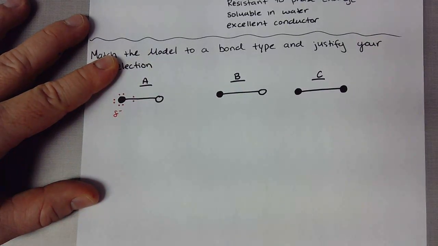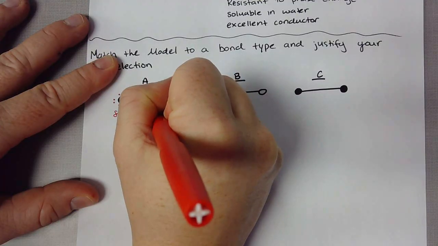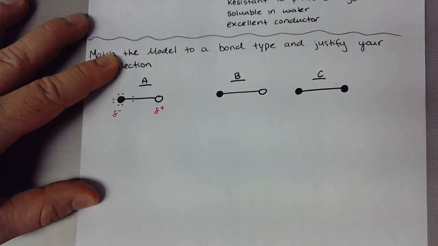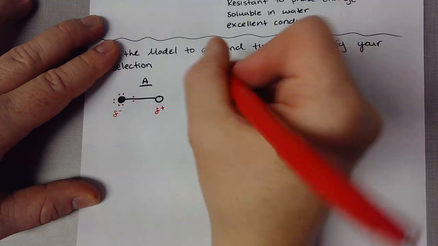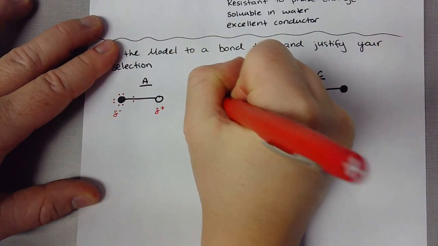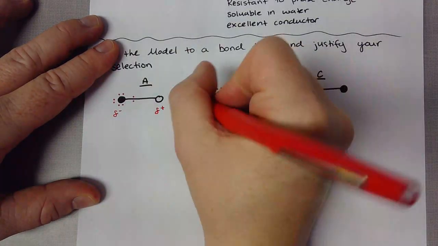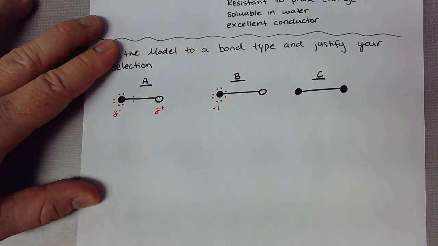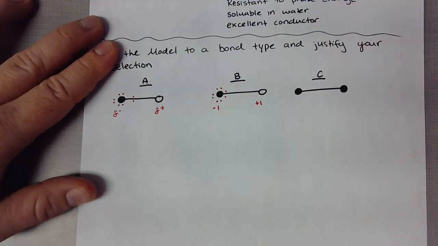That symbol means partial. This atom on the left is partially negative. This atom on the right is partially positive. For B, I am going to place all of the electrons completely left justified. I'm going to identify the element on the left as a -1 ion, and the element on the right as a +1 ion.